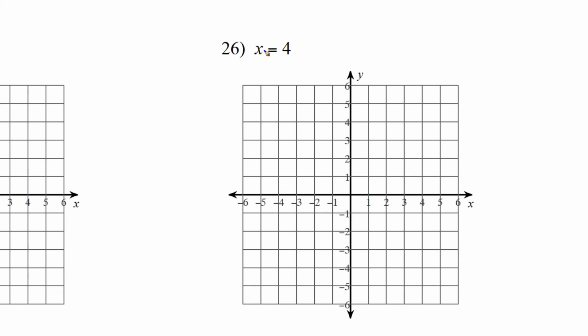Well, what happens if that's a y equals 4? Well, find where y equals 4, put a point, and it's only going to cross the y-axis. So it's parallel to x right there. Now what happens in that same sense if it's like x equals 0?